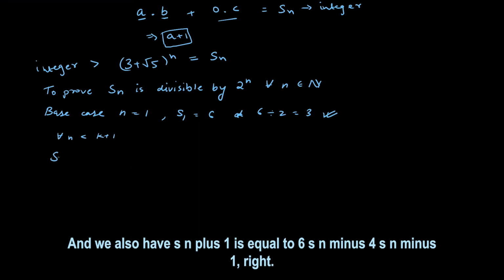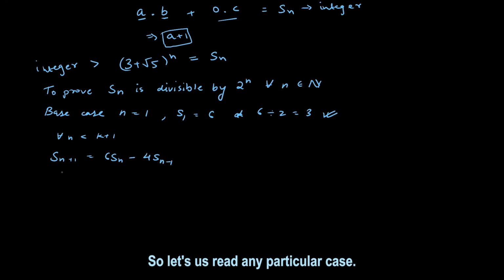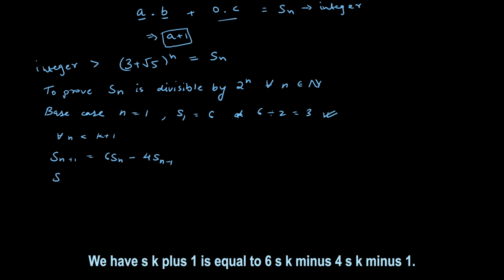And we also have S(n+1) is equal to 6 Sn minus 4 S(n-1), right? So let's substitute n equal to k. So we have S(k+1) is equal to 6 S(k) minus 4 S(k-1).